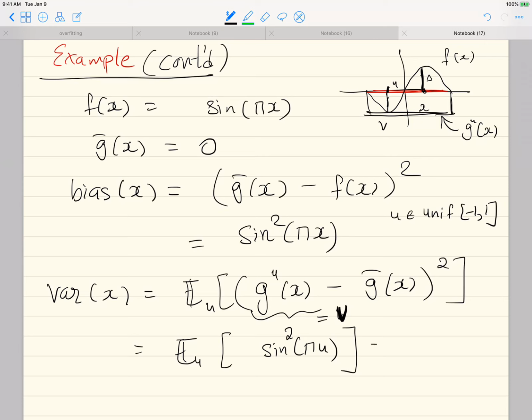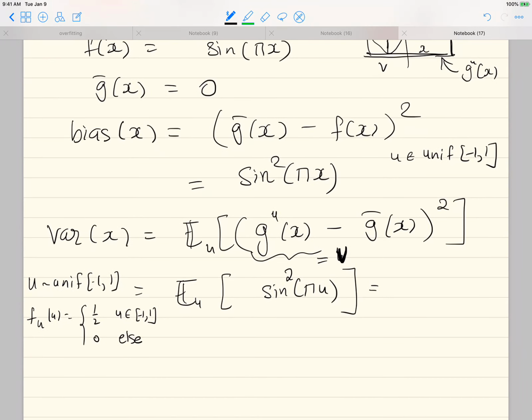So we can write the integral. u is uniform between -1 and 1. So the density of u is 1/2 if u is between -1 and 1 and 0 otherwise, right? It's 1 over the length of the interval. So f of u looks like this.